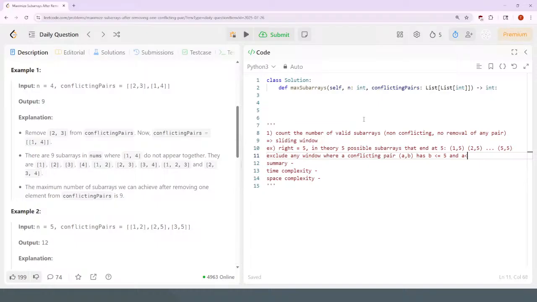Exclude any window where A is less than or equal to the left side.